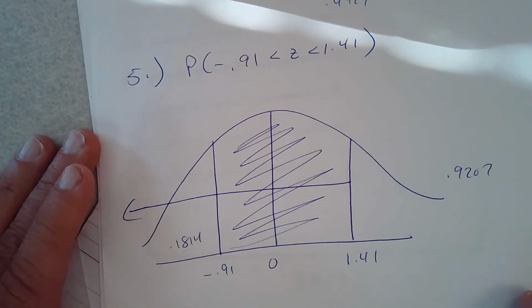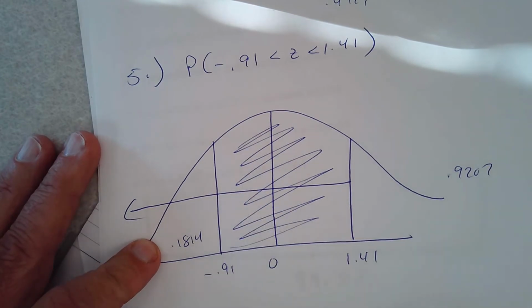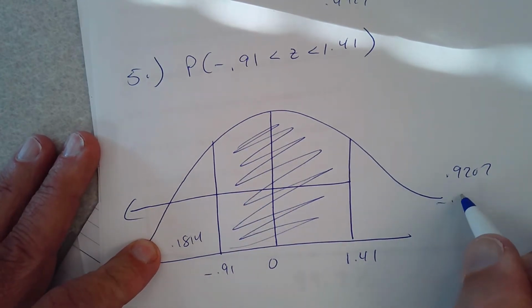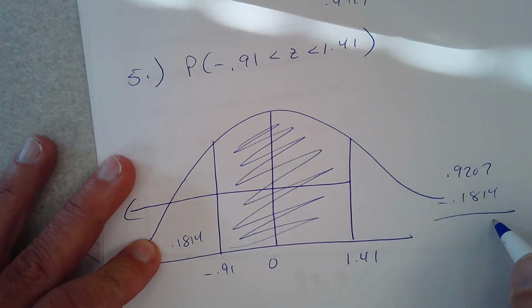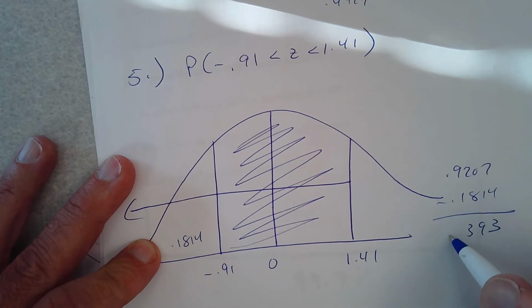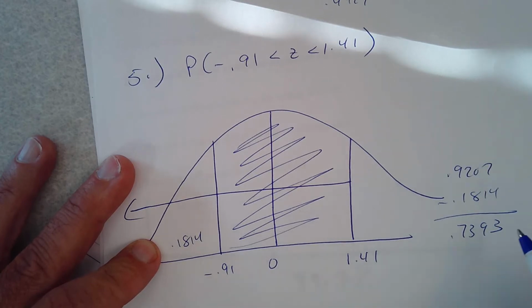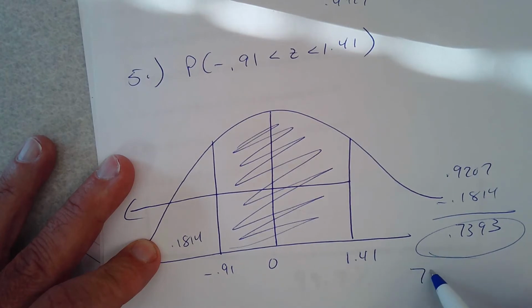So again, I want to know just this shaded area. I don't want that 0.1814, so that's what I have to subtract away. When I subtract that away, the probability that I'm going to be between those two z-scores is very good. It's about 73, almost a 74% chance.